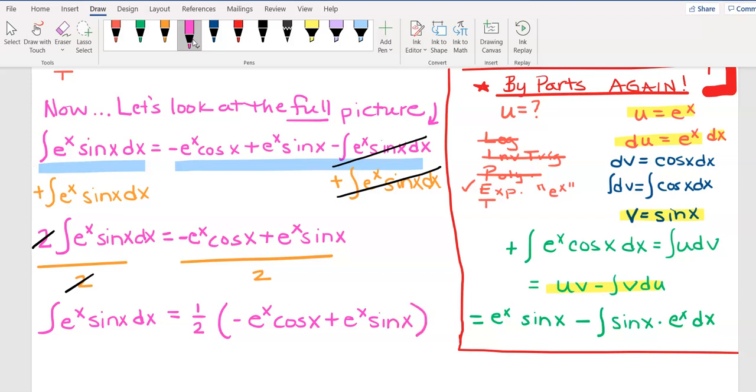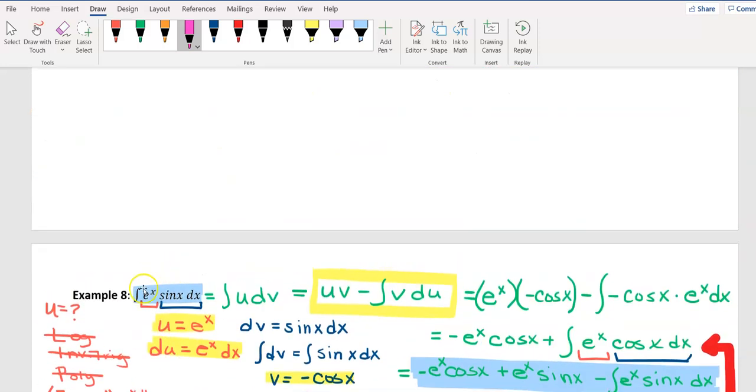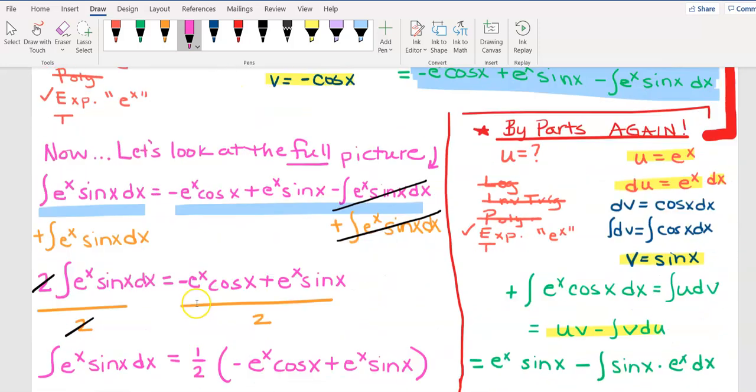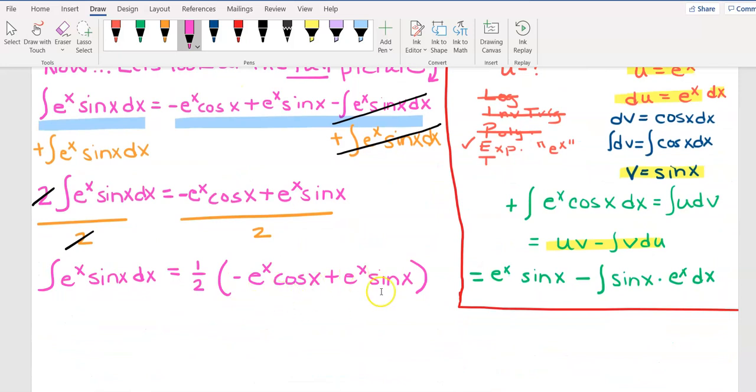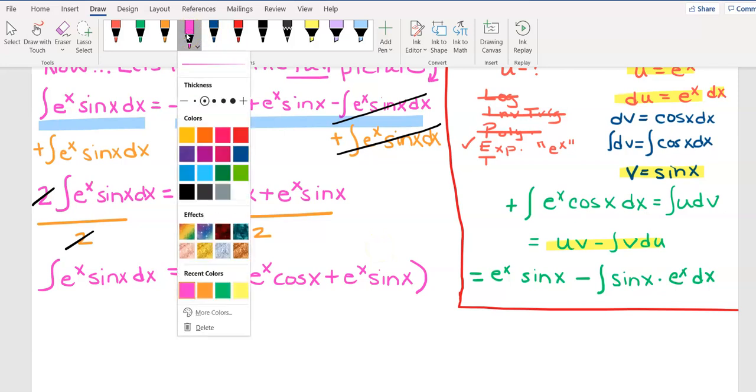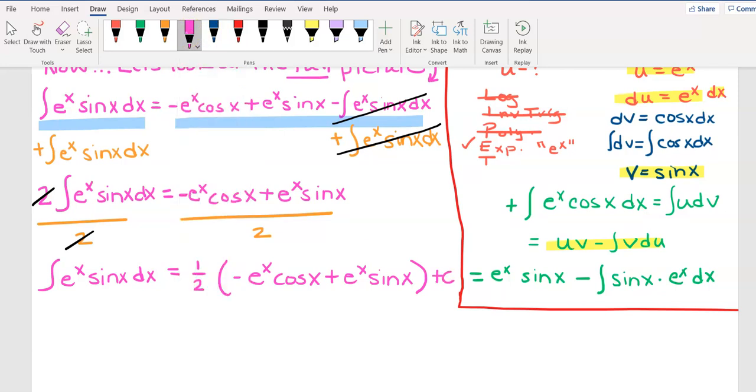So the question is, have we answered it? So here's that original integral, e to the x sine x. And do we know what it's equal to? Yep. Do we have any remaining integrals that we need to work with on the right-hand side? Nope. So we are good, and the only thing we need to do is add that plus c.